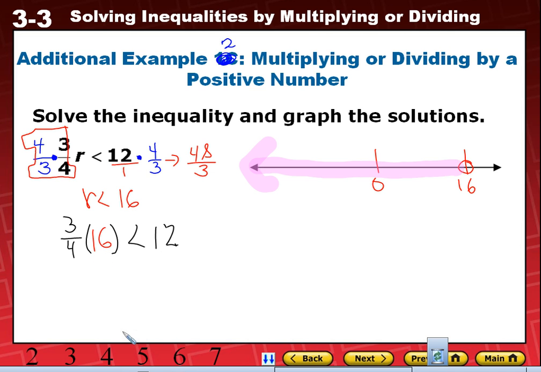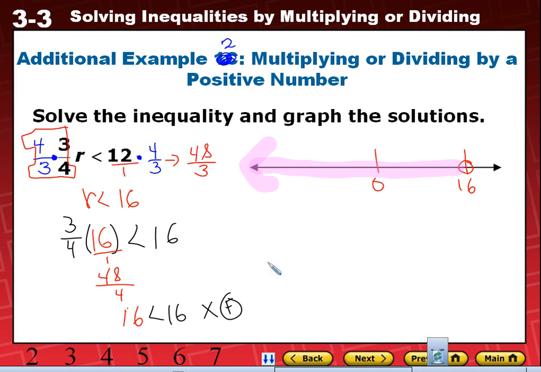So let's multiply 16 over 1. 16 times 3, that's 48, divided by 4 times 1 is 4. What is 48 divided by 4? That's 12. What did I write? 16 there, sorry. This is 12. All right, so is 12 less than 12? No, that's false.